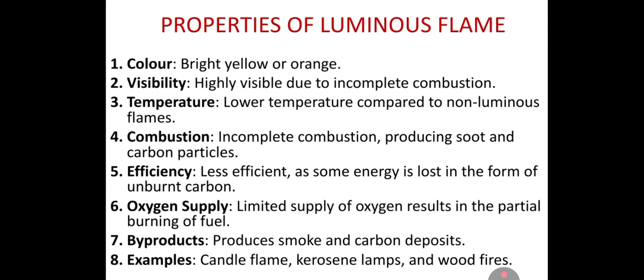When we say color, a luminous flame will give a bright yellow color. At times it may be orange, depending on the substance. A luminous flame is always visible due to incomplete combustion. That yellow, we will always see it.